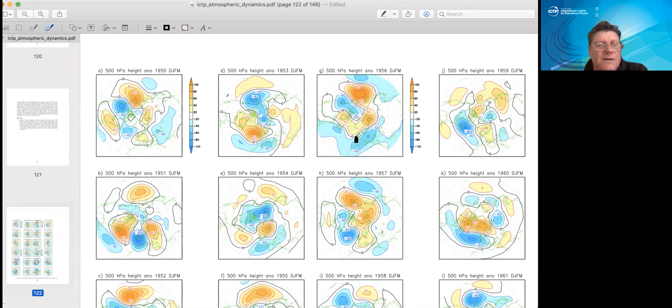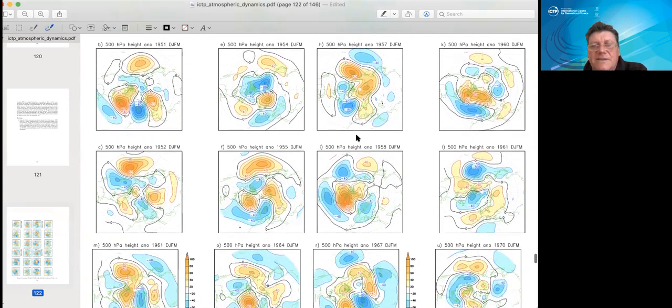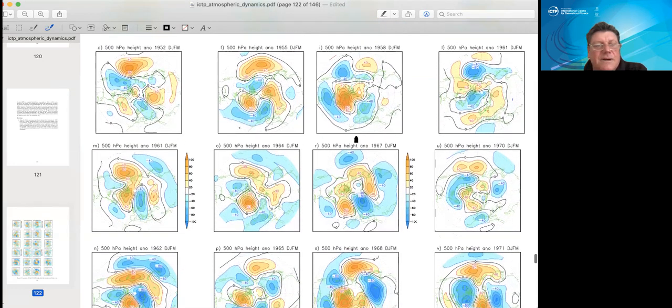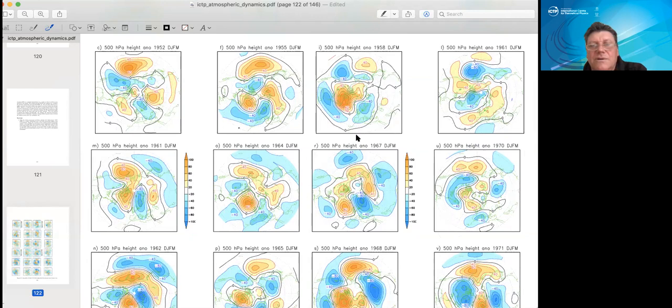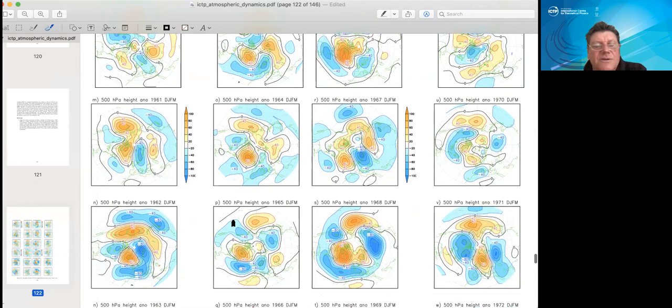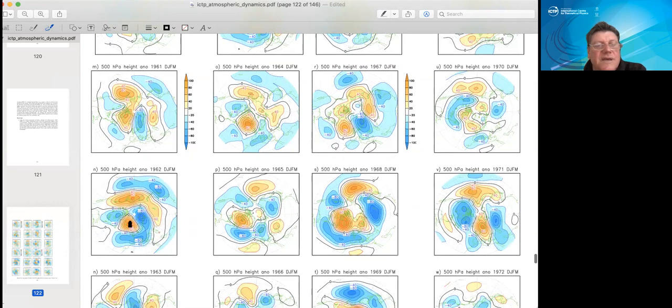Let's see if I find some famous cold winters, like negative NAO type. For example, this one would have anomalous northerly flow in the European region, and also this case here. This is a very strong pattern. It's strong easterly, so the westerly flow that usually brings warm air into Europe is strongly weakened.